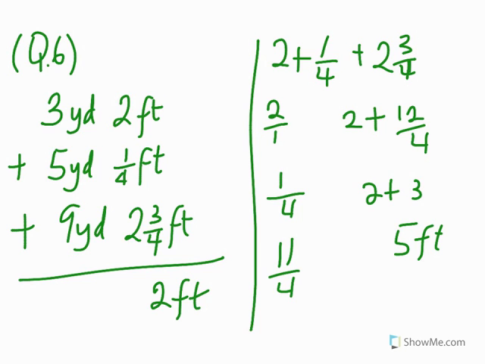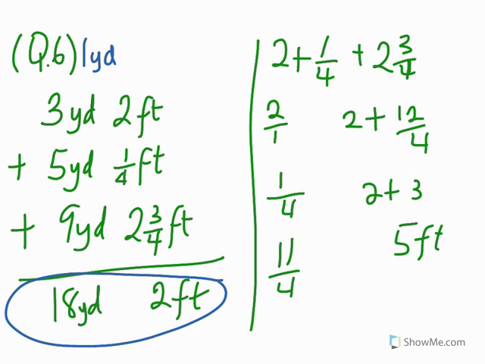And you have 1 yard here. And when you add 1 plus 3, 4 plus 5, 9 plus 9, 18, we have 18 yards. Yeah, we just did it like we've been doing it. So that's it.